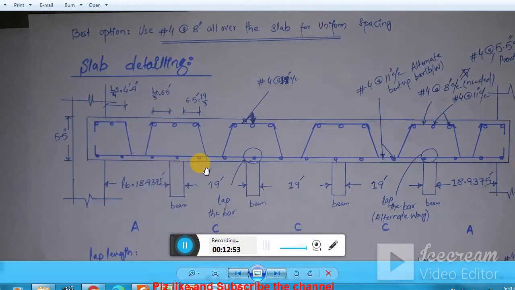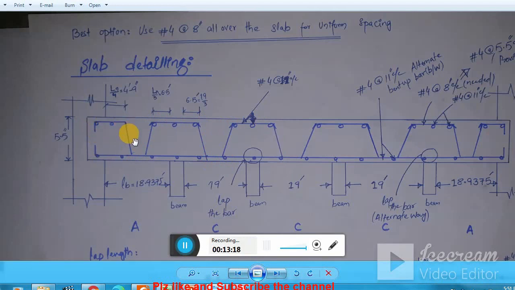One bar straight, one bar bent up, one bar straight, one bar bent up. This is the way you provide this bar: this bar is bent up, again it is bent up, again it is bent up. This kind of arrangement is a little bit difficult.